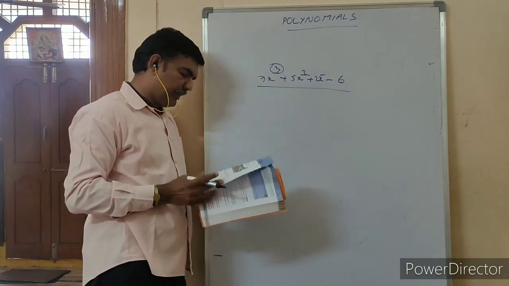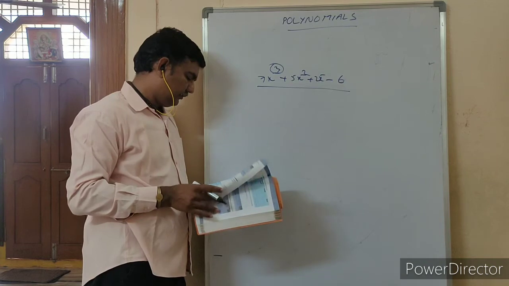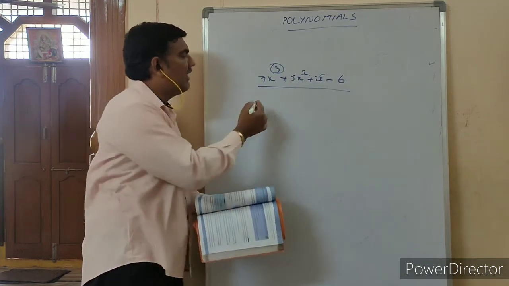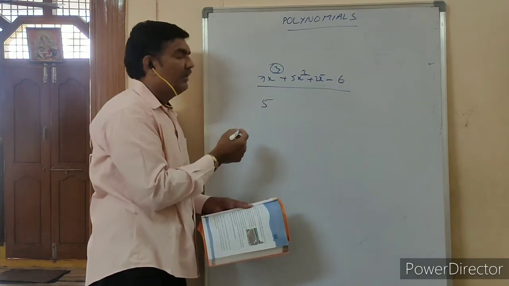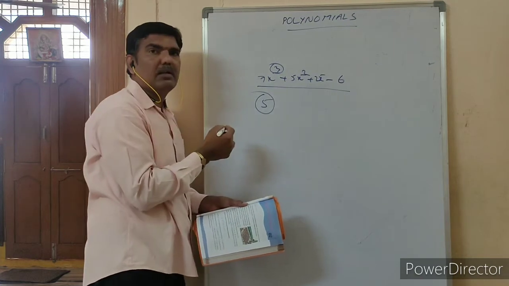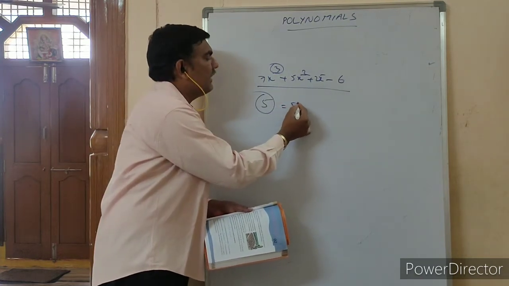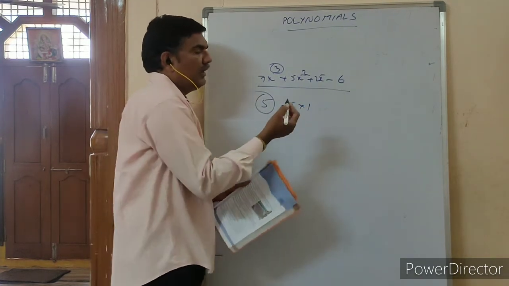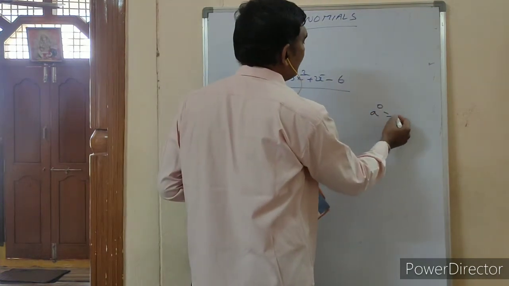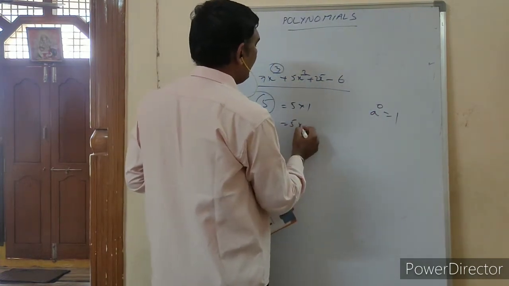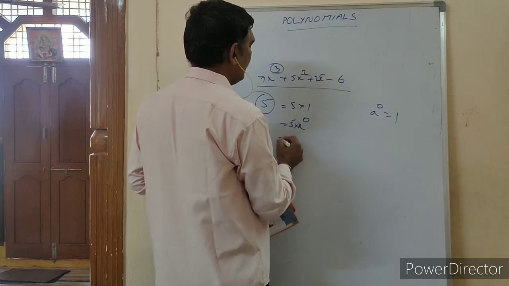Okay. Next, for any constant, say 5. 5 is also a polynomial because 5 can be written as 5 into 1. And you have a formula: a power 0 is equal to 1. So 5 into x power 0.